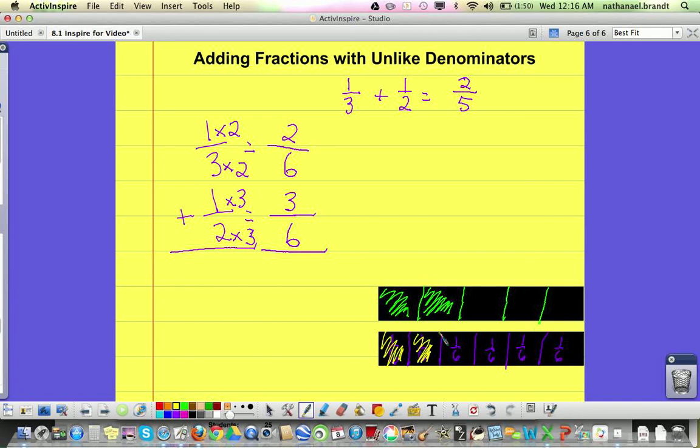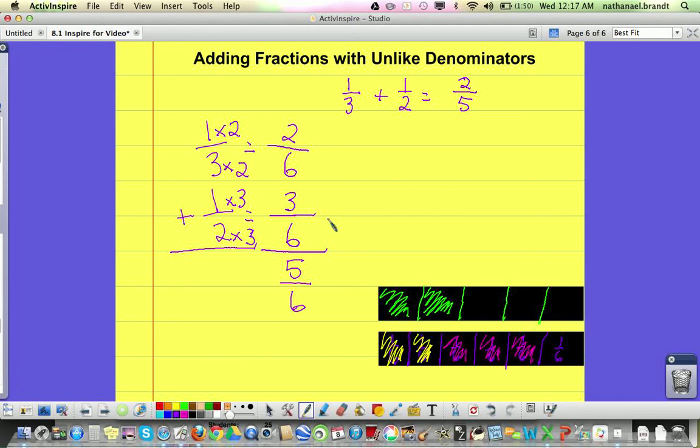To that, I'm going to add 3 more 6ths. 1/6, 2/6, 3/6. So my correct answer to 1/3 plus 1/2 is equal to 1/6, 2/6, 3/6, 4/6, 5/6. So 2/6 plus 3/6 is 5/6.